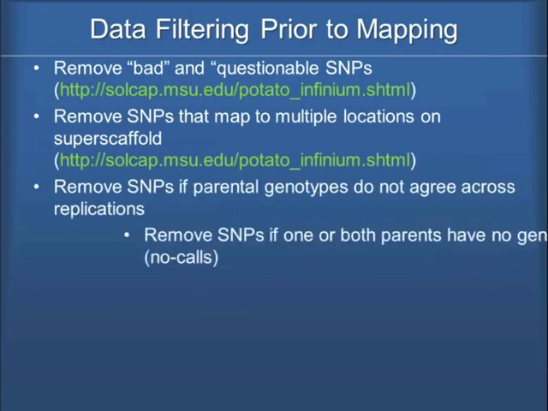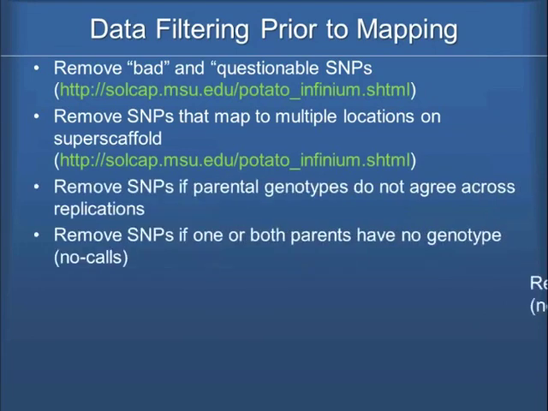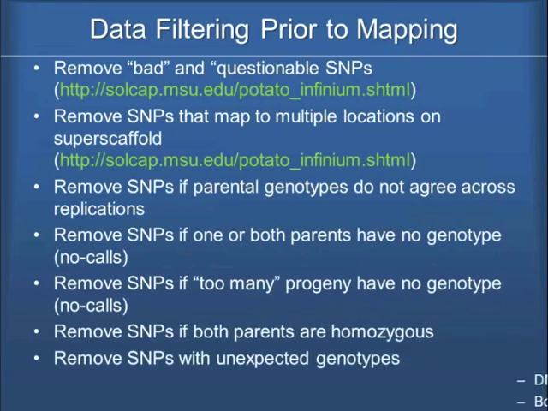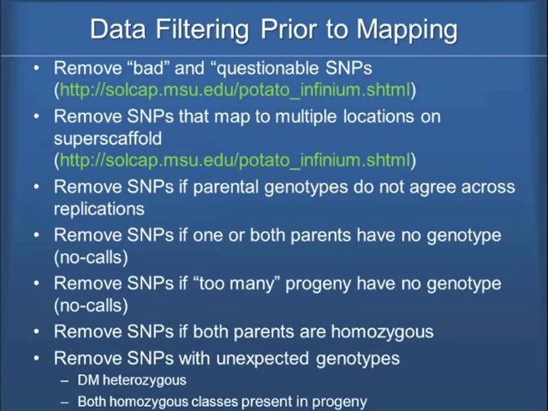Okay, so these are the steps that we want to move through, and we're going to walk through this process. You can go to this website, grab the data file, and remove the bad questionable SNPs. There's a list of them there, and you can align it with your data that came off.